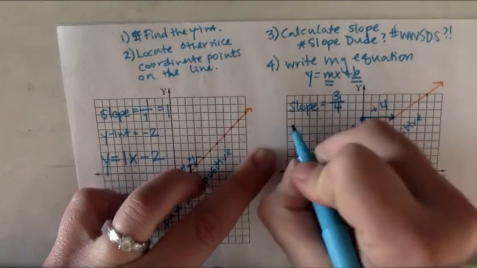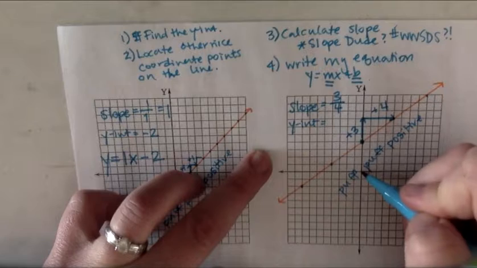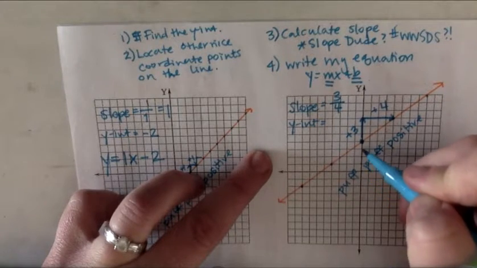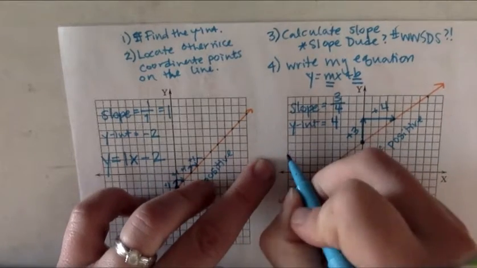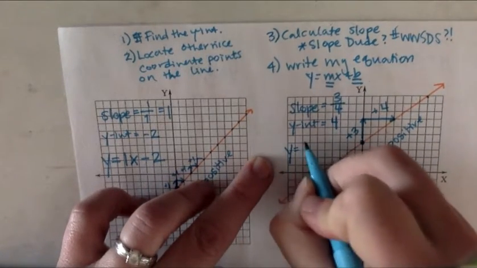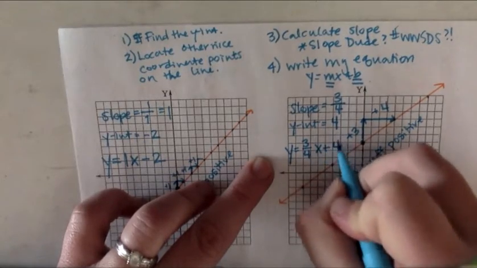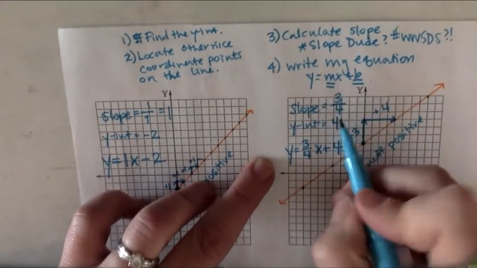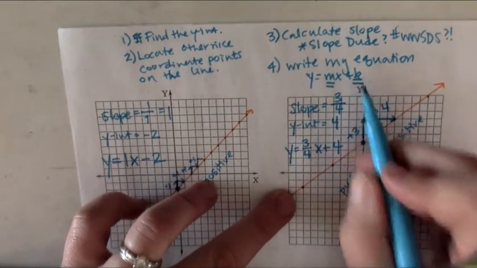My y-intercept, if I go back and look, from 0, 0, I went up 1, 2, 3, 4. My y-intercept is 4. So that means my equation is y equals 3/4 x plus 4 by substituting 3/4 in for slope and 4 in for b.